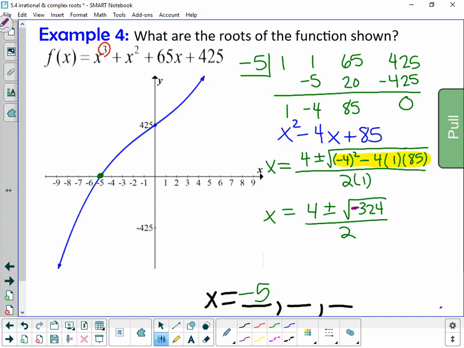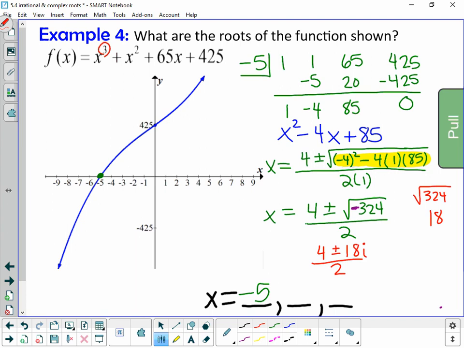But if we think about just the square root of 324, if you tried that out in your calculator, you would find that it's 18. So if our square root is of -324, that just means we're going to have 18i. Again, square root of a negative gives me that imaginary part.